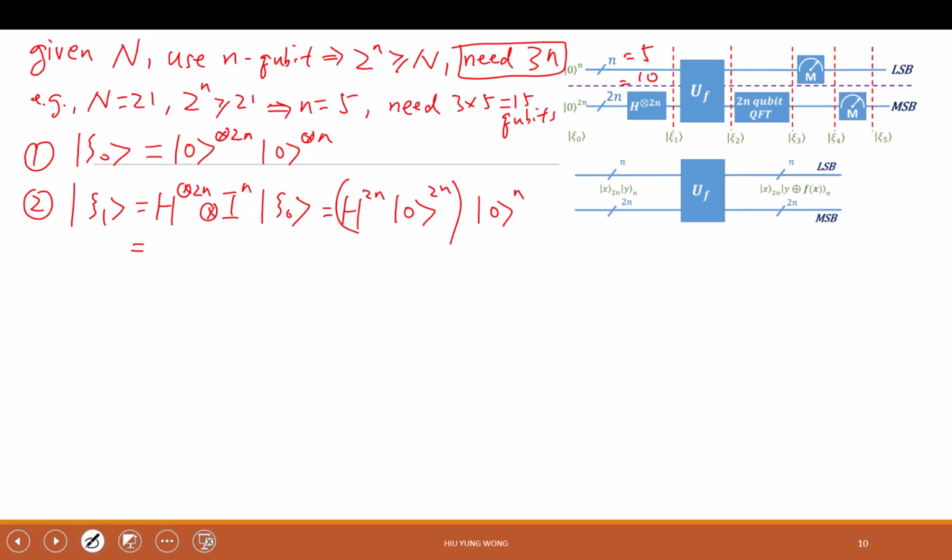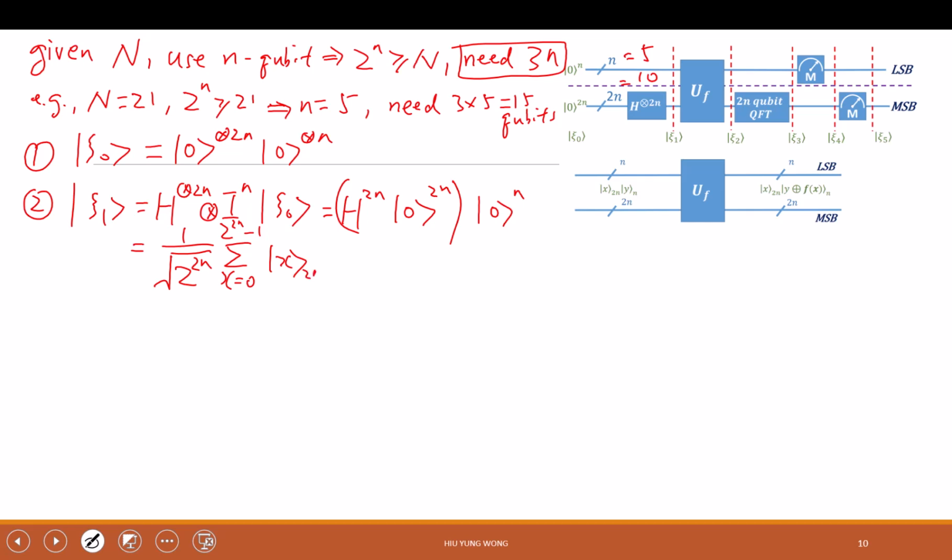It is 1 over the square root of 2 to the power 2n, this is the size, times the summation from x equal to 0 to 2 to the power 2n minus 1 of |x>.